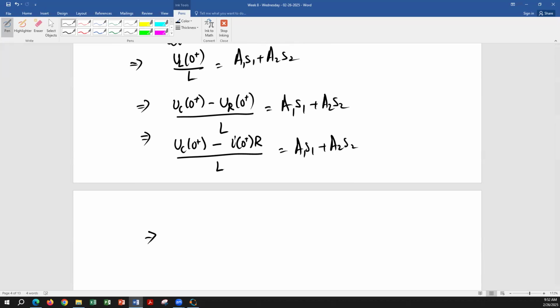Let's see what value that is going to be. So V_C(0+) is 12. I'm just going to write down 12 minus I(0+) times R. I(0+) was 2, 2 times R, divided by L. So that's coming out to be 0.